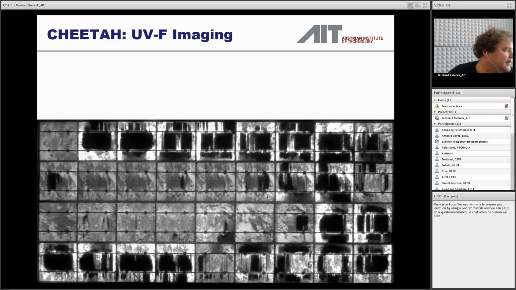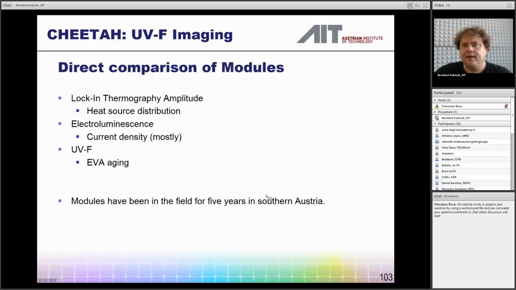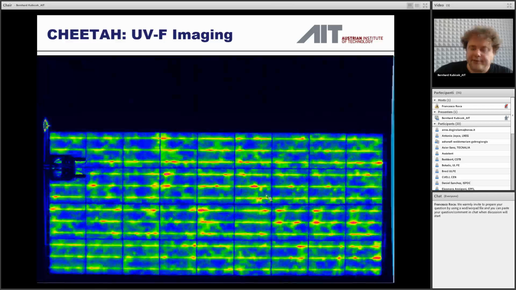This is the EL image in the next slide. And you see that this is quite a damaged module and quite an old-fashioned module. In the next slides, you will probably be able to download the slides later on and have a look at it yourself.